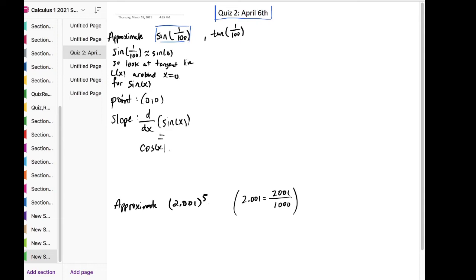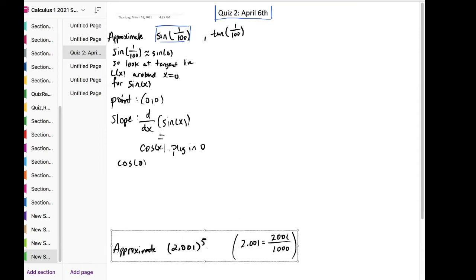What do you do with the cosine? Yeah, plug in 0. What's cosine of 0? 1, good. All right, so what is the tangent line?